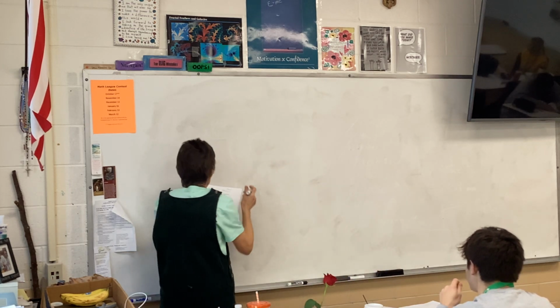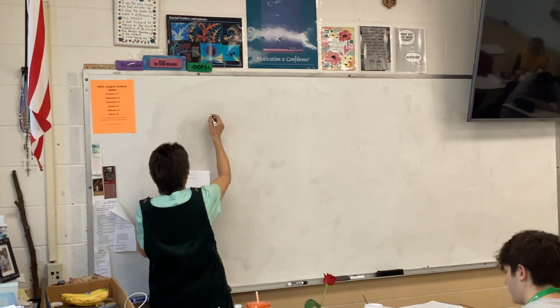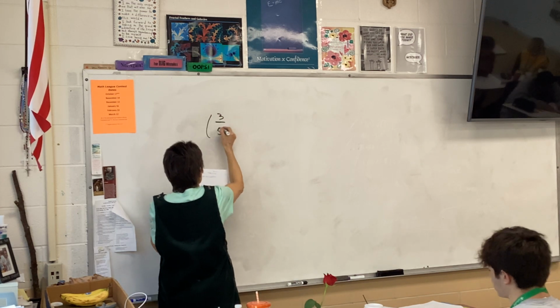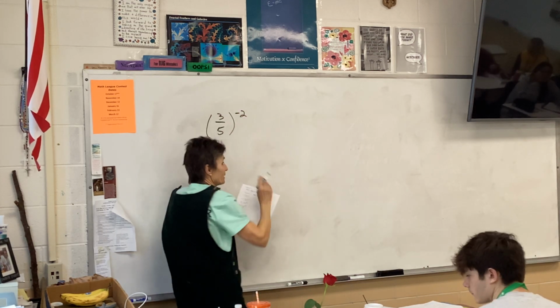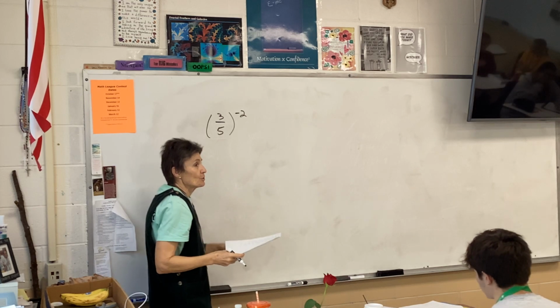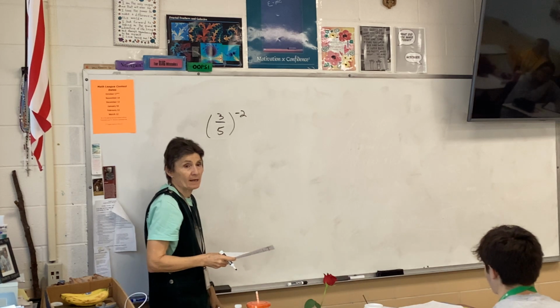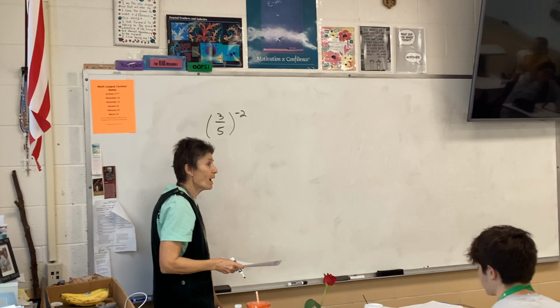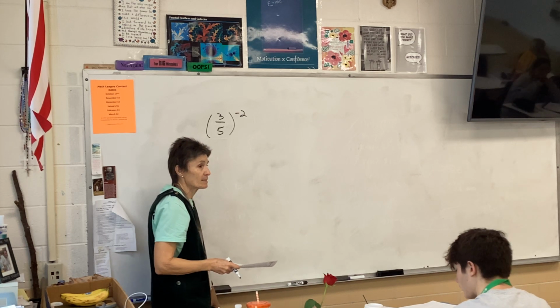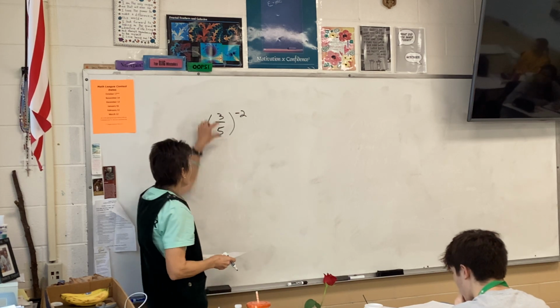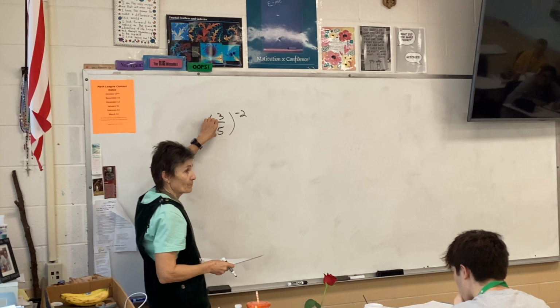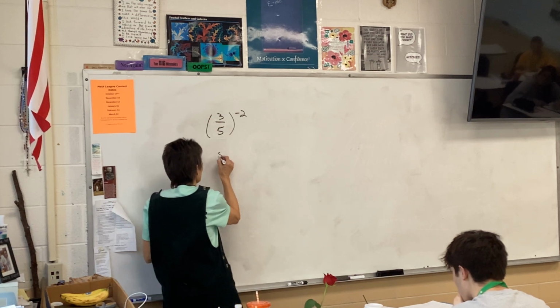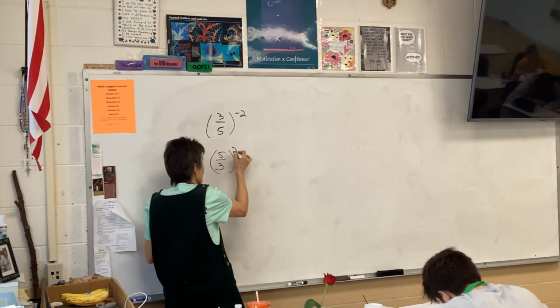So here we go. First problem, simplify. Okay. So what's the first thing you're going to do with this guy? We're gonna flip. Turn him over, because if you have a negative exponent, the first thing you do is flip this guy right here. So it's going to become 5/3 to the second.